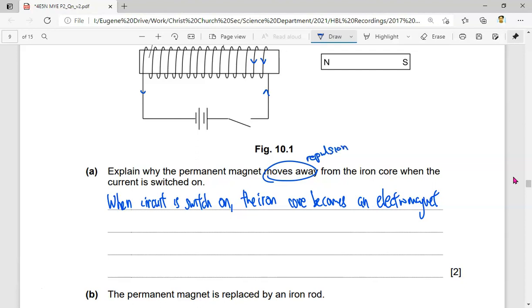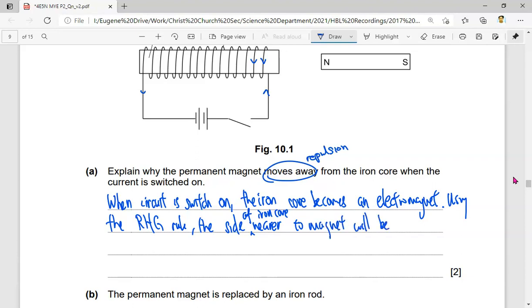When the circuit is switched on, the iron core becomes an electromagnet using the right hand grip rule. You must write it out, but I'm just going to write RHG. Using the right hand grip rule, please spell it out. The side of the iron core nearer to the magnet will become a north pole.